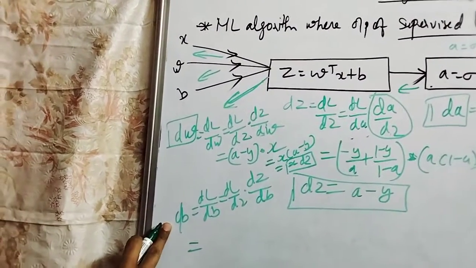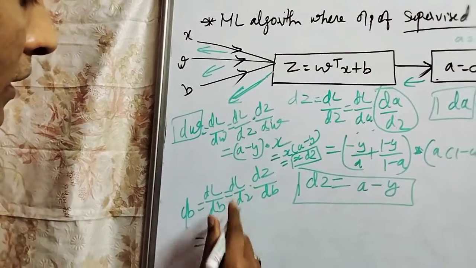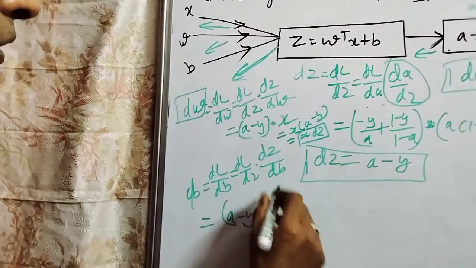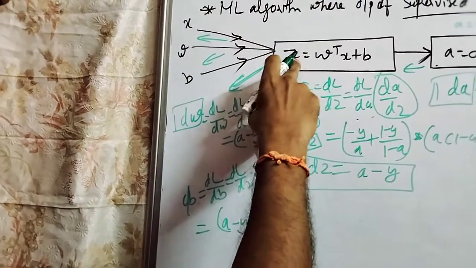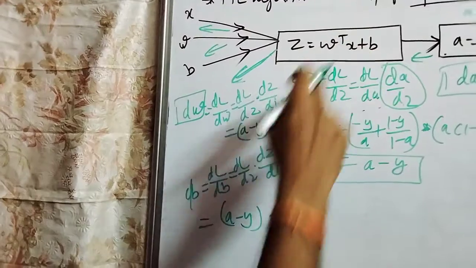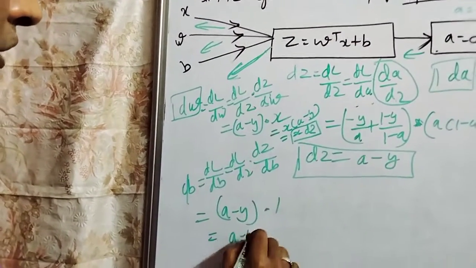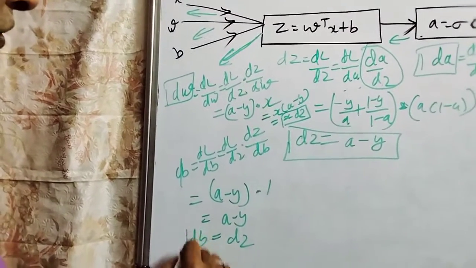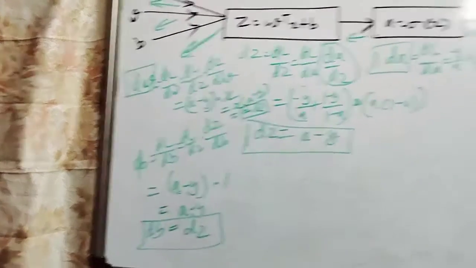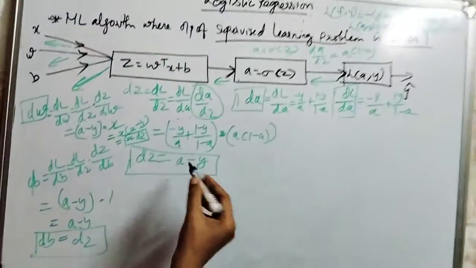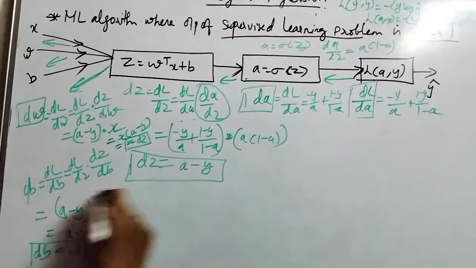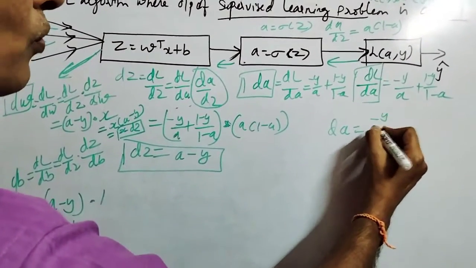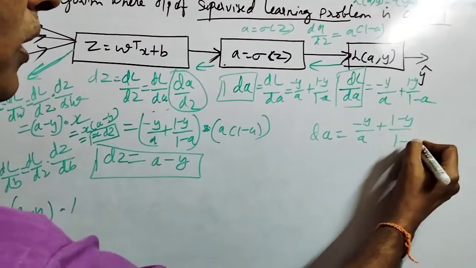To derive db, we know already that dL by dz is equal to a minus y, into the first order derivative of z with respect to b, which is 1. So a minus y, which is dz, so db is equal to dz. So by back propagating in this logistic regression, we have derived these terms: dA is equal to minus y by a plus 1 minus y by 1 minus a.